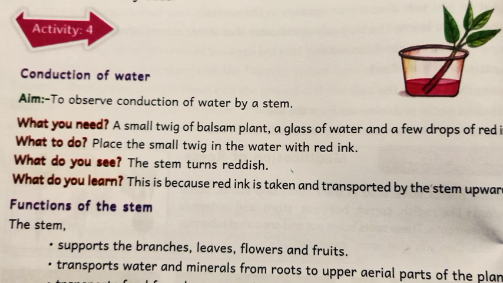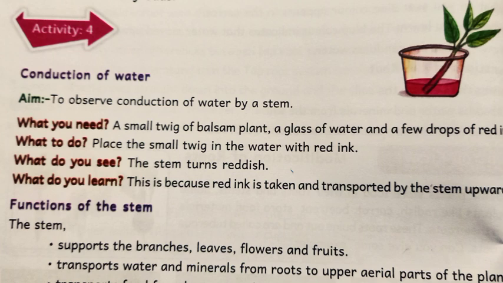What to do? That means the procedure. Place the small twig in the water with red ink. What do you see? That means our observation. The stem turns reddish. That is what we observed. You can observe in the figure.